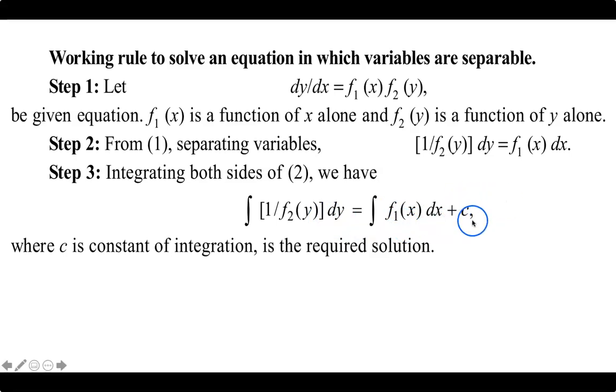And also note that this relation does contain an arbitrary constant c. Hence, the number of arbitrary constants in the solution is equal to the order of the given differential equation, which is also equal to 1. So this relation gives us a general solution to the given differential equation.